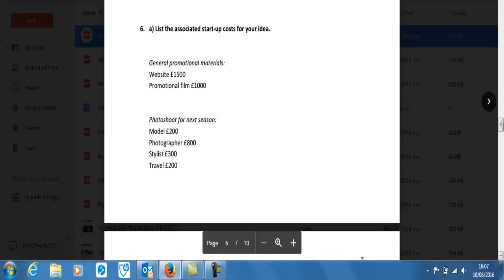Best thing to do is find some quotes online, do your research, and then put down what tends to be the average price for doing these things. And list it. Again, bear in mind, we're going to be reading lots of these, possibly up to 100 applications. So the more clearly you list it in this sort of form, the easier it is for us to read.